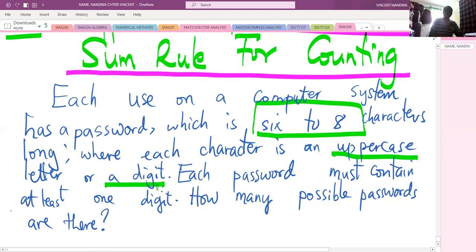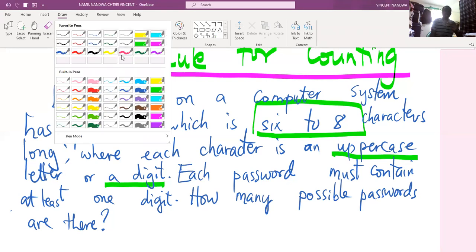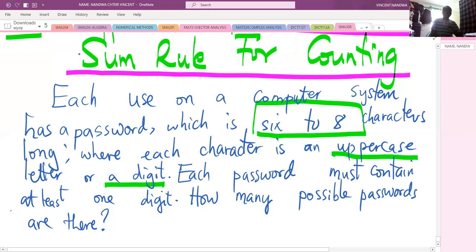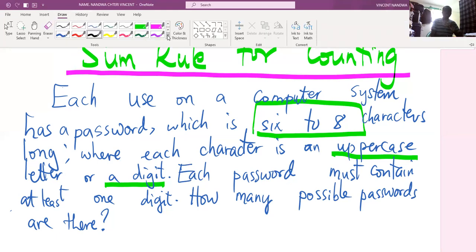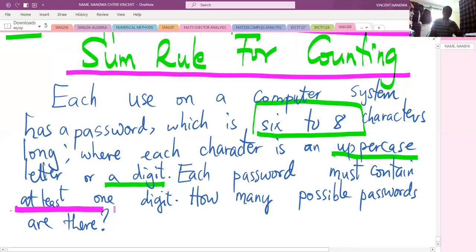But one of the fundamental elements of the problem is that apart from each character being either a letter or a digit, every password must have at least one digit. So this is also very key. Must have at least one digit. So the question is, how many possible passwords are there?